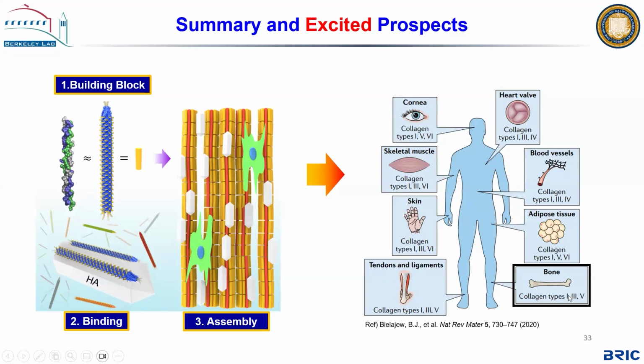So we will expand our tissue engineering material using the virus onto different cells and different tissues of the human body. And we can demonstrate more with our virus-based tissue engineering materials in the future.